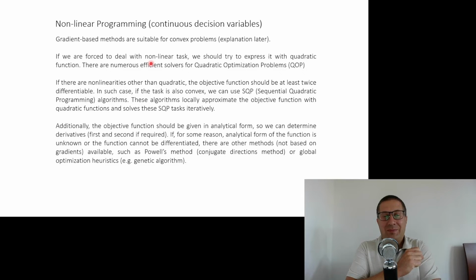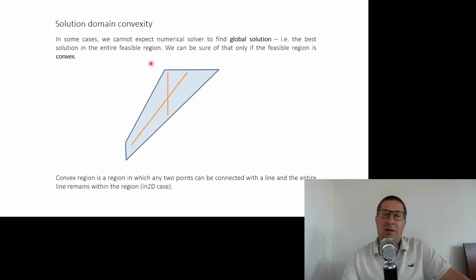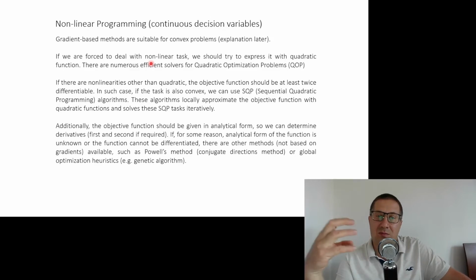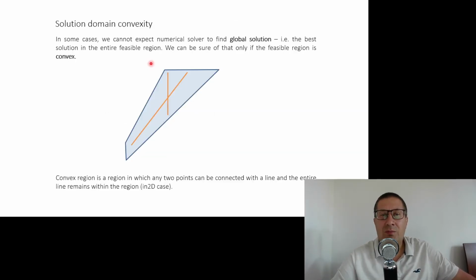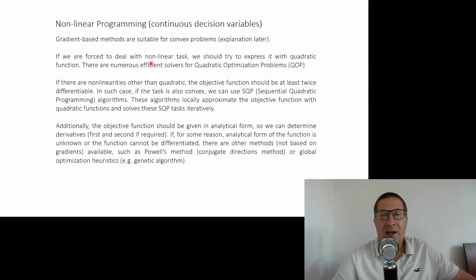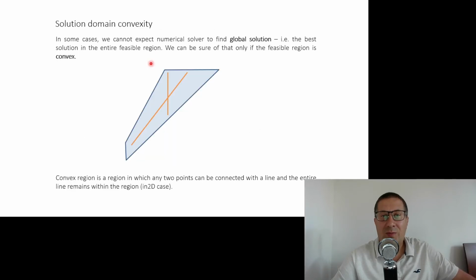And in such a case, there are other methods that are not based on gradients, such as Powell's method or global optimization heuristics that can be used. So we were talking that the sequential quadratic programming is a really powerful method that we used a lot in our projects, but it requires a convex problem.